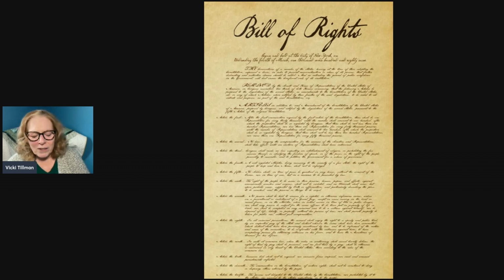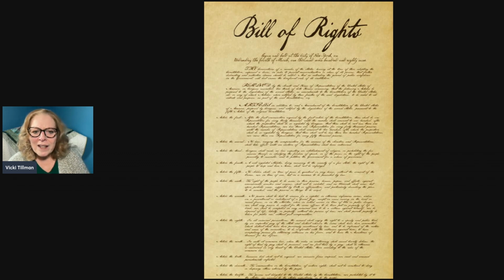That means Congress cannot make one religion our religion, Congress cannot say that we are required to have a religion, and we have the freedom to believe as we wish. Our right to freedom of speech is solid; we cannot have that abridged.